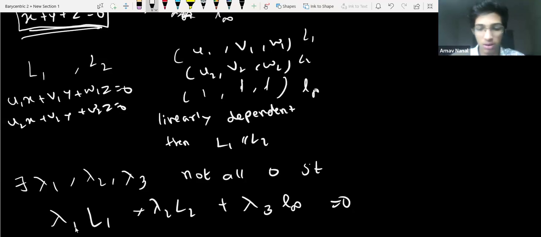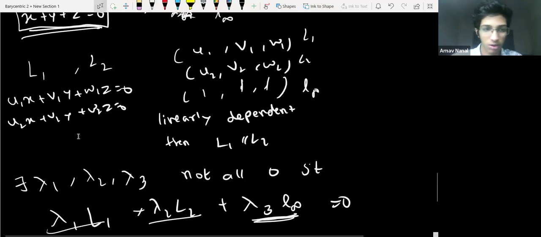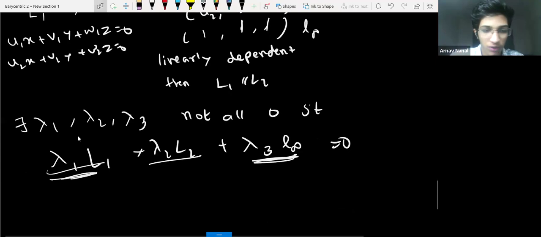Is that clear? Basically, by some linear combination of these you should be able to get the third, for example get L2.